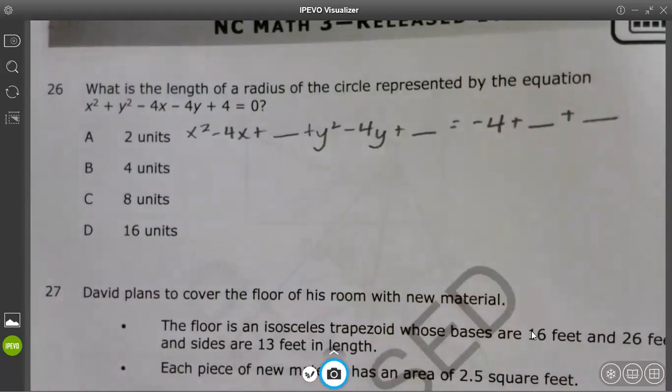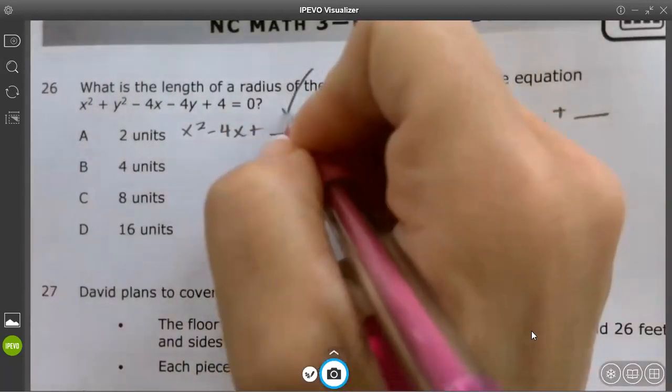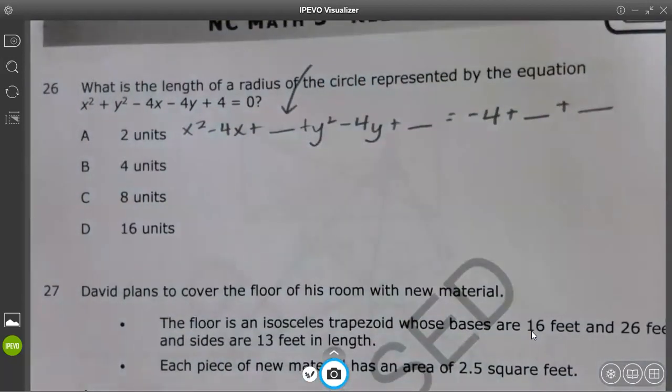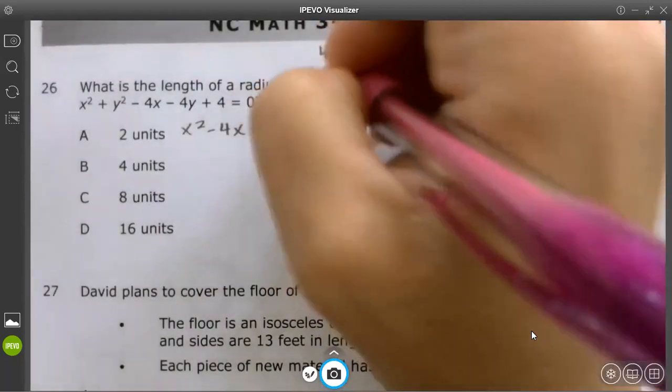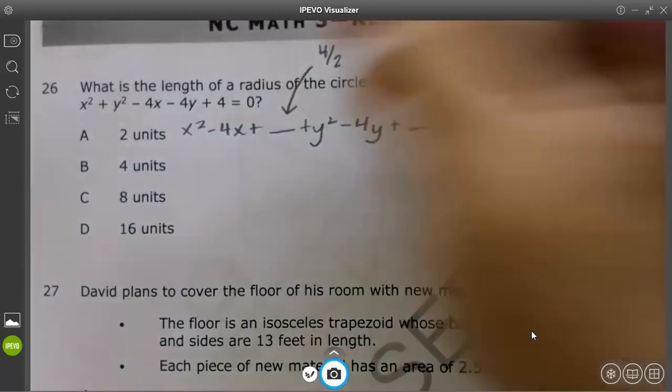How do I fill in the blanks? How do I fill in that first one? How do I fill in that first blank right there? And you don't even have to put the negative on there. You can just put a regular 4 divided by 2 is 2.